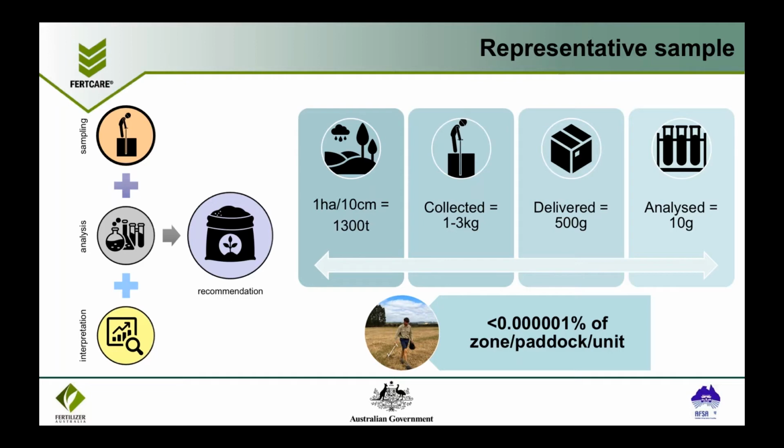So when you've got that kind of subsampling, starting with potentially 1,300 tonnes of soil in the 0 to 10 centimetre layer in a paddock or a block or a zone, distilled down to 1 gram in the laboratory, then getting as representative a sample as possible is really important to everything that follows on from that sample.